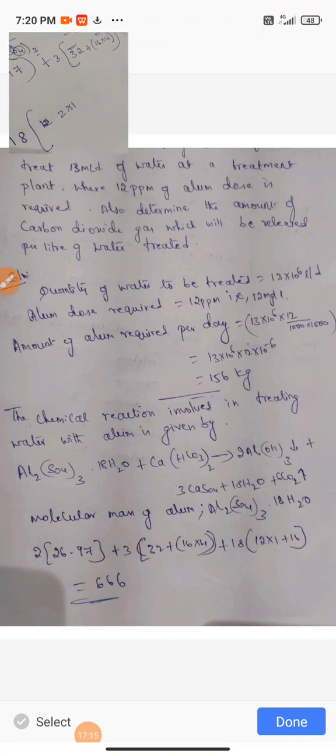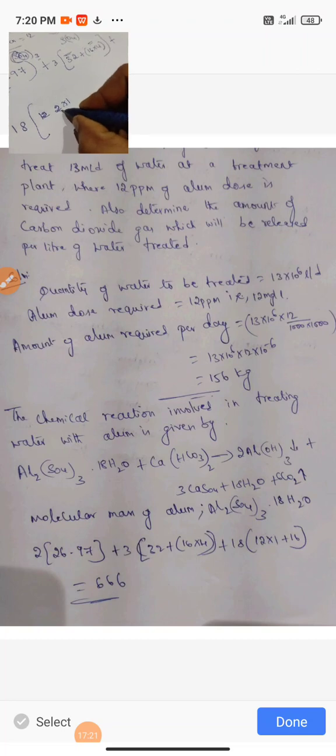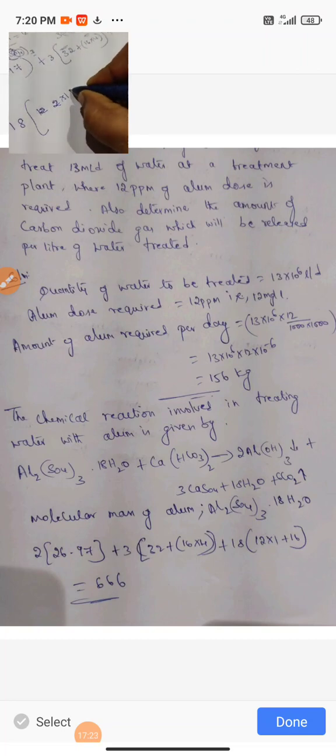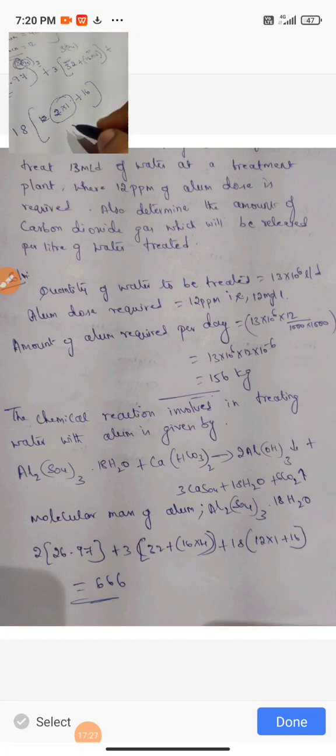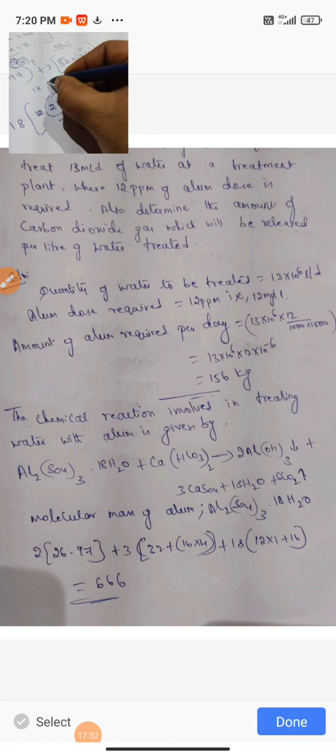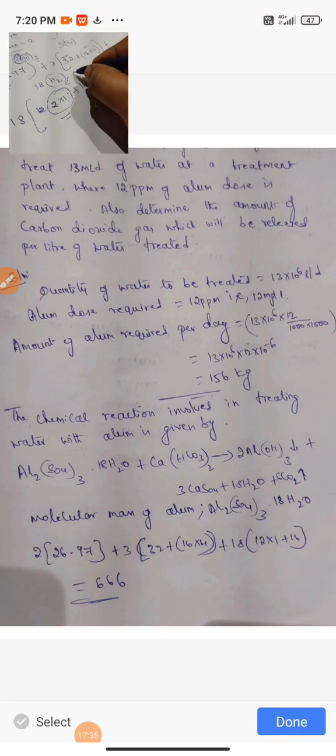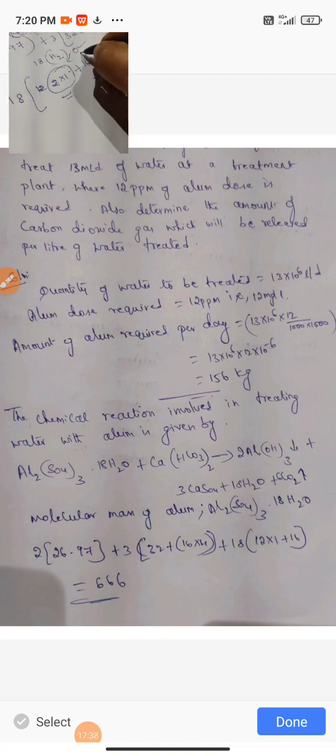Sorry, in this sheet it was changed to 12, that is 2. Make it 2 multiplied with 1 plus 16. 2 multiplied with 1 is the H2, and O for oxygen, the molecular weight is 16.